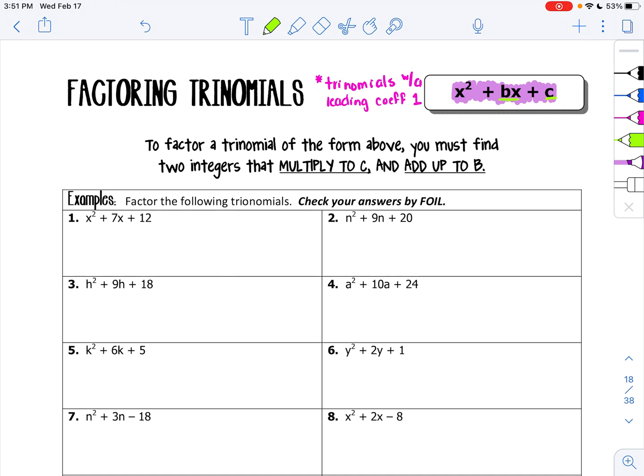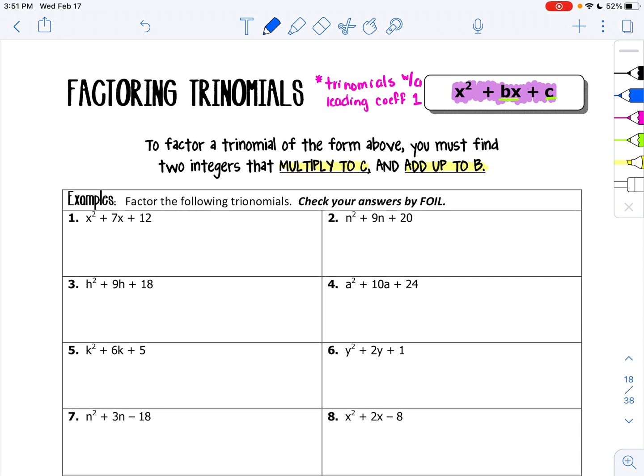Because in order to factor these trinomials, you're going to have to think of two numbers that will multiply together to get you that c number, but that also add up to get you b. And this is going to help us build our trinomial that's factored. So remember, factoring is the opposite, or working backwards, from multiplication. So when we look at these problems, we're working our way toward two binomials being multiplied together.